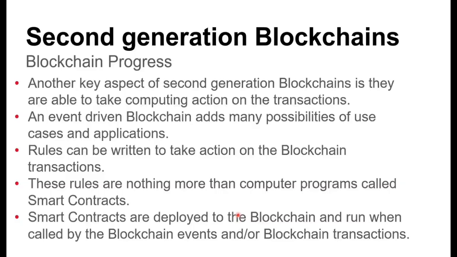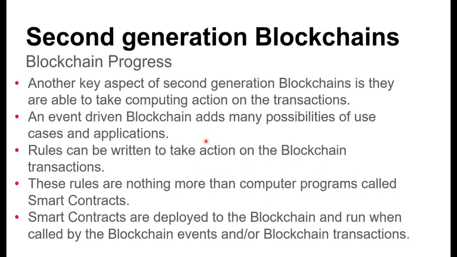Another key aspect of second generation blockchains is they take computing action on transactions. So you can actually write applications that run on second generation blockchains. An event-driven blockchain adds many possibilities to the use cases, and rules can be written for the blockchain to take action on transactions.